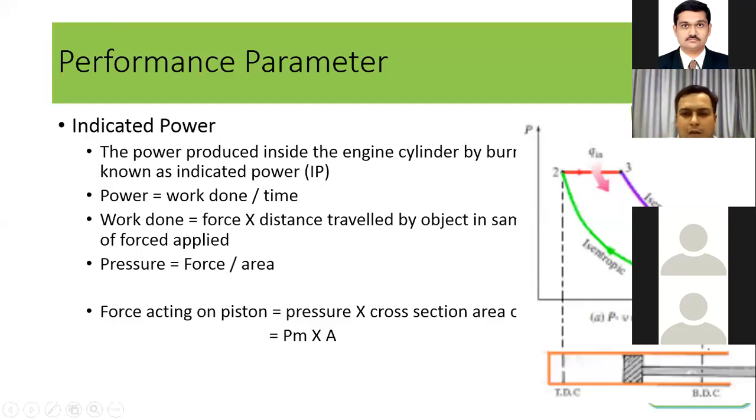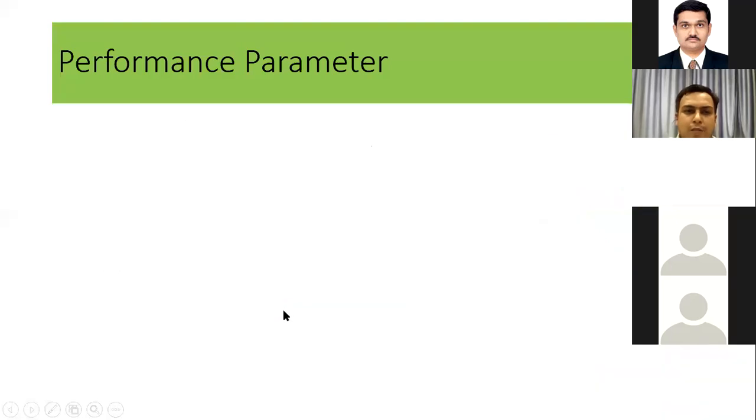You can realize from the PV diagram that as the piston moves from top to bottom, the pressure gets down. So we cannot have the same pressure acting on the piston top. That's why we are taking Pm, which means mean effective pressure.